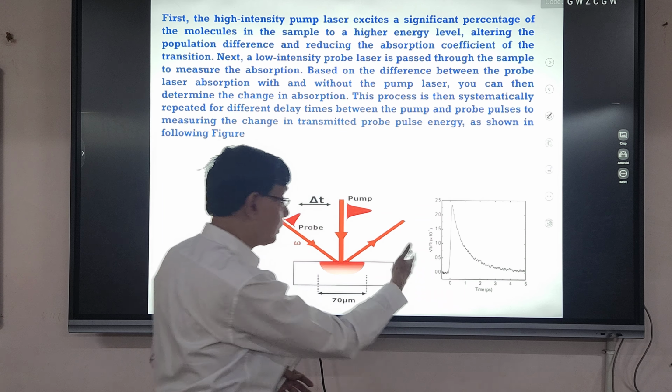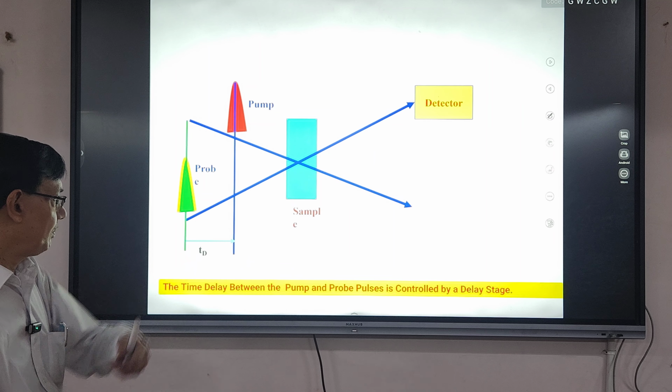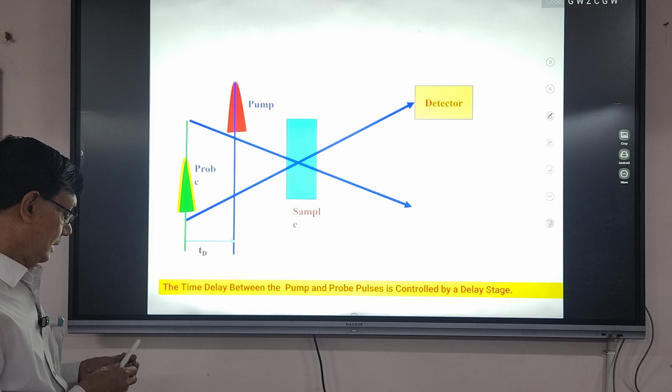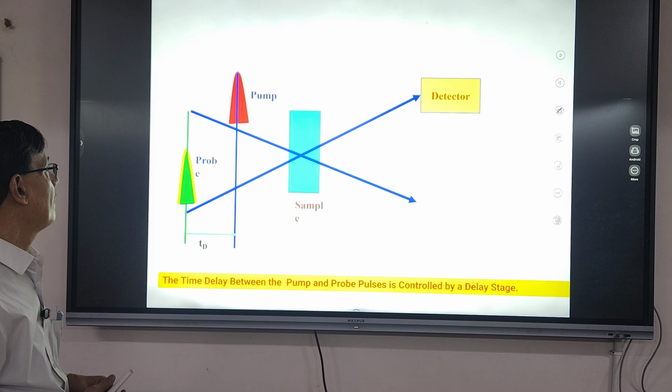I'll show you some of the examples. This picture is prepared by Abhishek Katendra. Such a picture is also available in most research papers. So there is the probe and the sample. You see that sometimes it is linear, sometimes non-linear, and this is the difference between pump and probe.